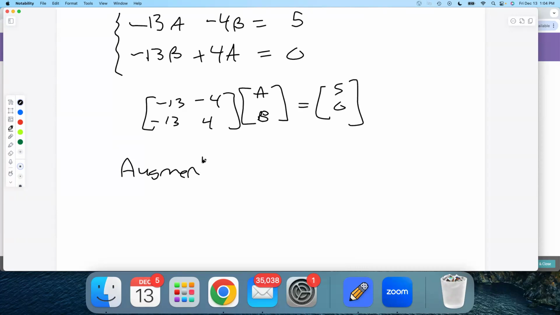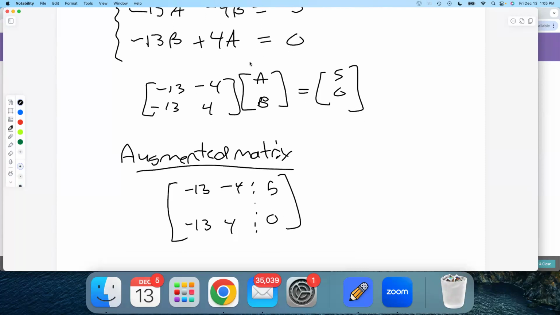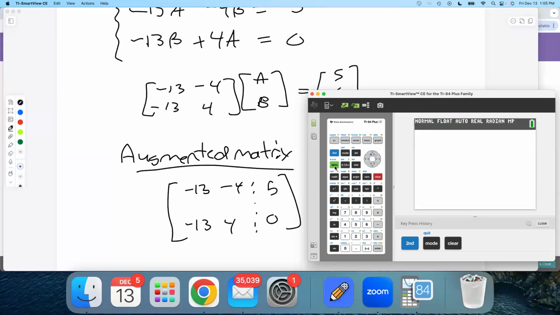Let me write that there. So I'm going to rewrite this matrix. I'm going to put in this dotted line here, and I'm going to put this constant vector over here on the side. All right, now let me open up my calculator. Okay, so I'm going to go into the matrix feature, which is right there.